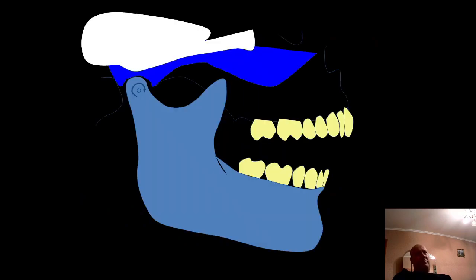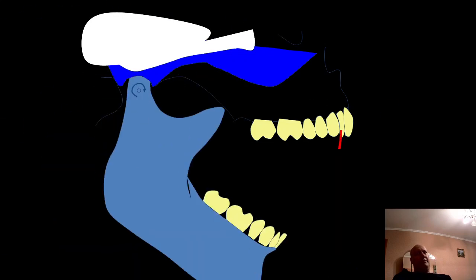Jaw movement. In this picture, this GIF, you can see that when you open your mouth, there is a symmetrical middle line between the central incisors of the upper jaw and of the lower jaw.